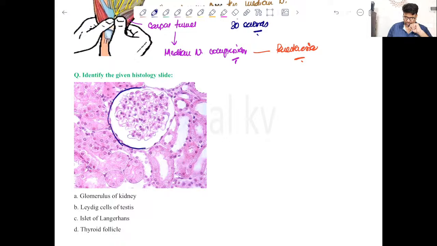So if I draw this, okay, this is one thing, then there is a space, okay, there is this space, and finally on the inside we have capillaries, okay, so we have capillaries inside, right? Now would you like to change your answer, Varun?